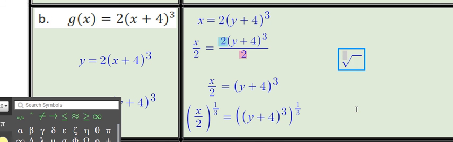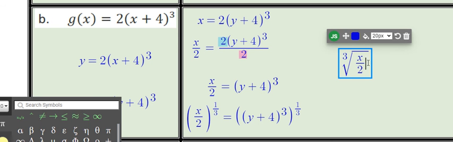So under the radical is x divide 2. But over here to the left is where I can put my 3 for the cube root. So now the cube root of x over 2 equals y plus 4.